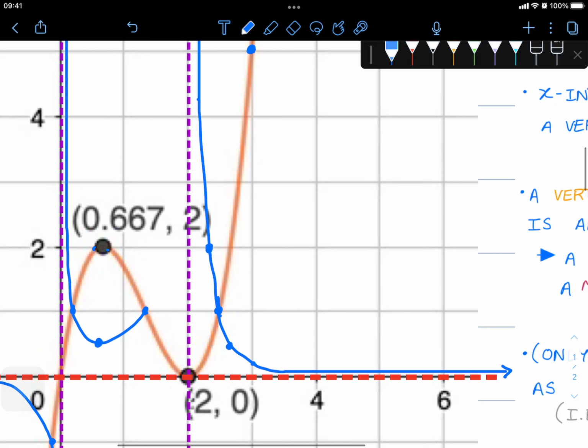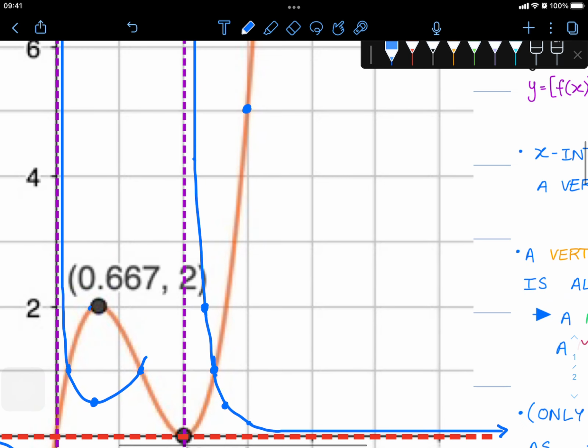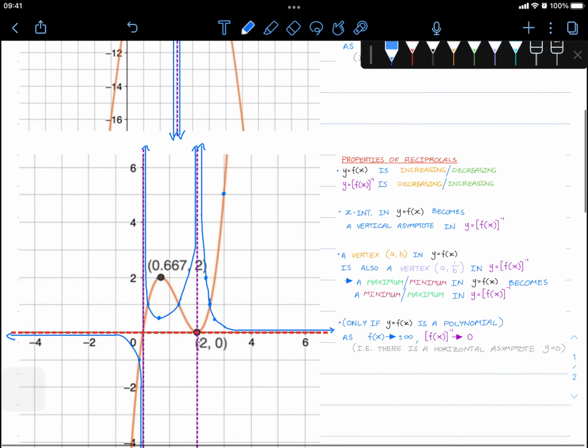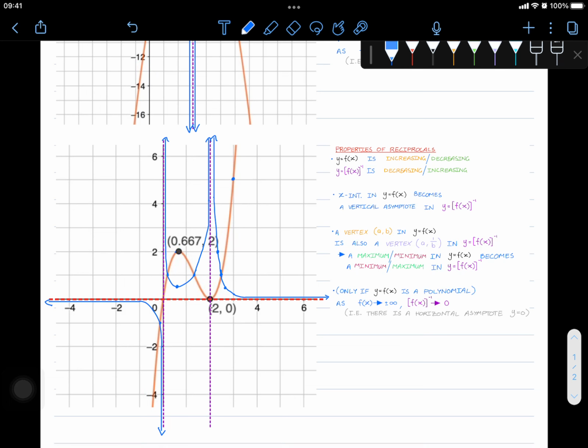Whereas this one, notice how it's not as steep, meaning it'll have a near equal gradual increase. Like, oops, let me try that again. Like so. So that there is the reciprocal of the function in green.